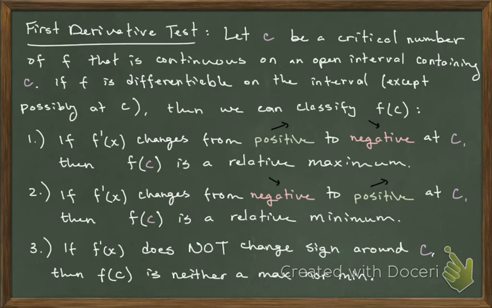I just want to do one more example where I'm actually applying this first derivative test. And it will really feel like finding intervals where our function is increasing or decreasing. It'll feel a lot like that first example I did. So the process is basically the same. I'm going to take my function, look for critical numbers. I'm going to test points around those critical numbers.